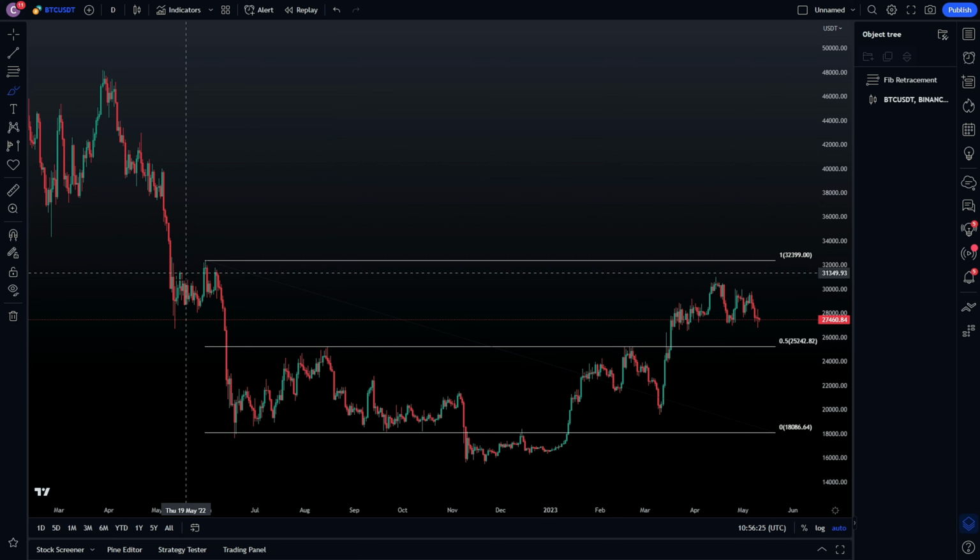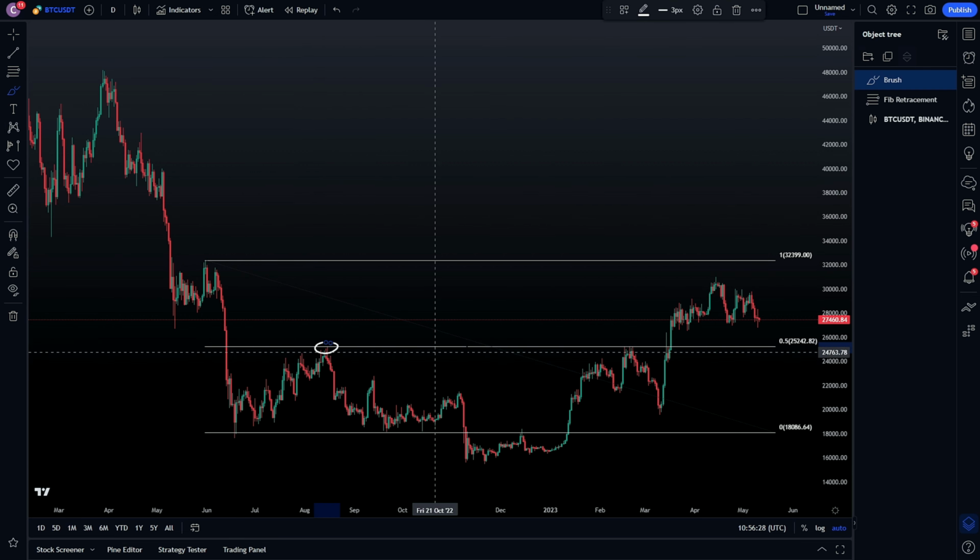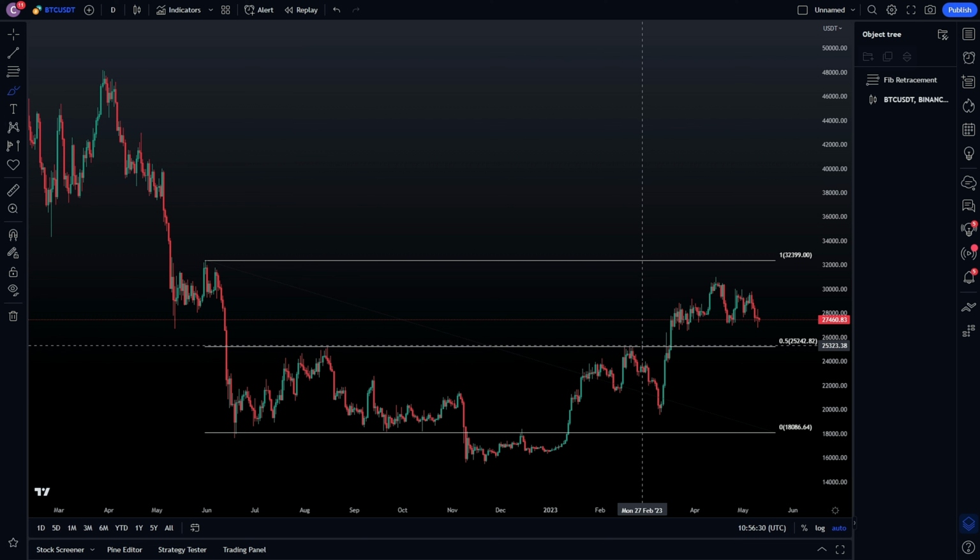We can also see that the mid range over here is perfectly being respected to the dollar accuracy multiple times. And that respect of the mid-range is extremely important to call it a valid range. And we are seeing that, and that is exactly what we want to see.